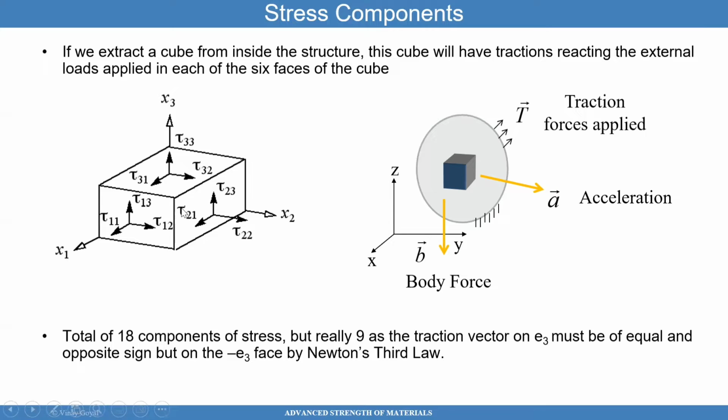The bottom line is that this cube, which corresponds to a point within the structure of material, is a free body diagram, because I excise that cube out of the body. And these stress components are the ones resisting the external loads that are acting on this body of material.